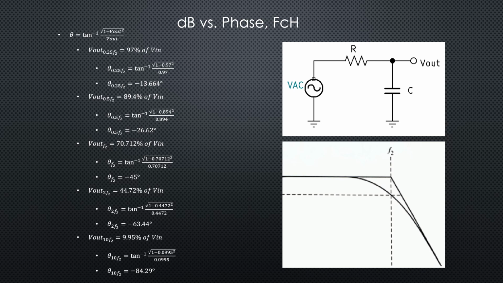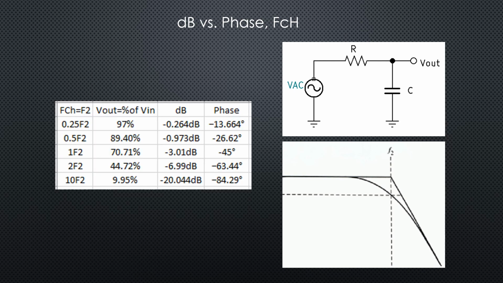Now at our first octave, 2 times F2, we've got an angle of negative 63.44 degrees. And at our first decade, we've got an angle of 84.29 degrees. All right, here is all of the data that we calculated, all tabulated for comparison.